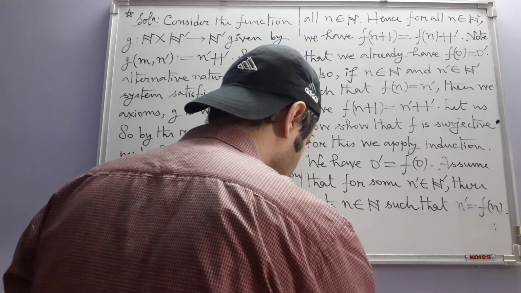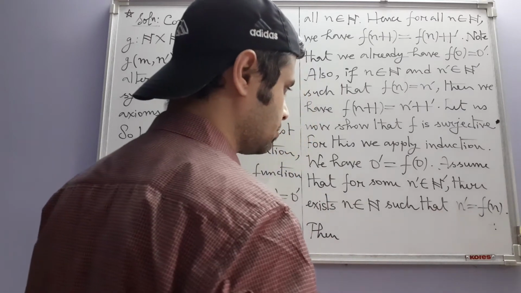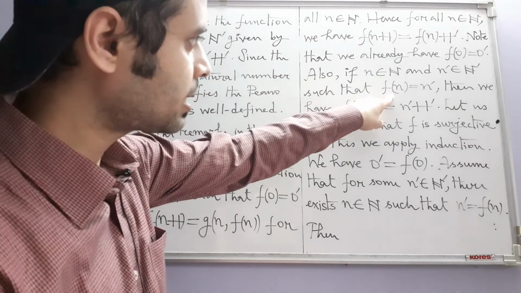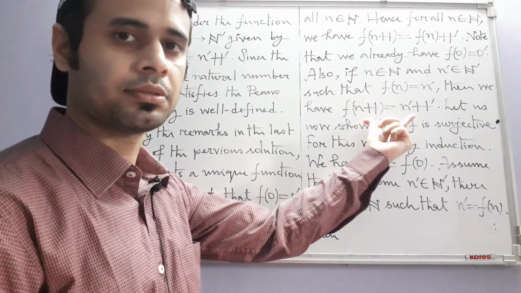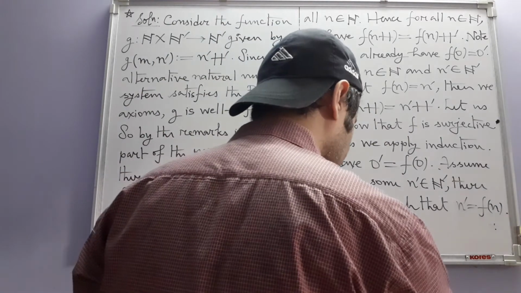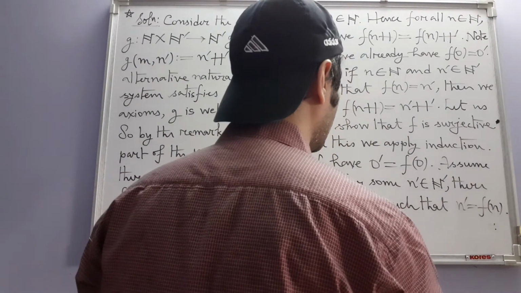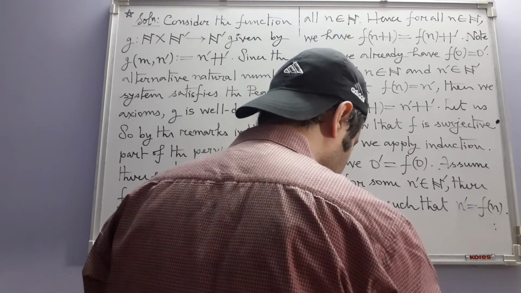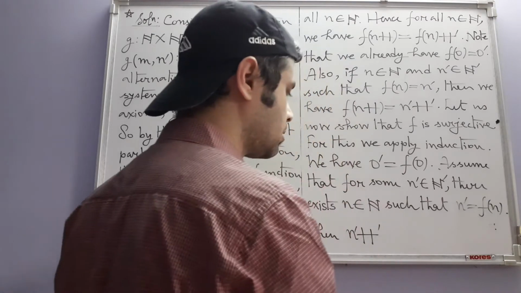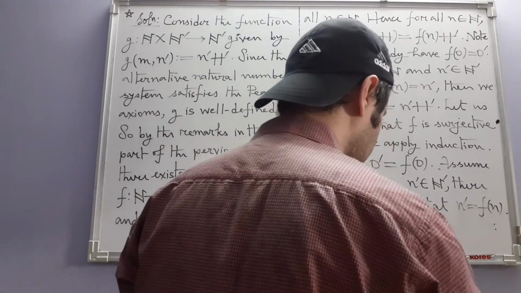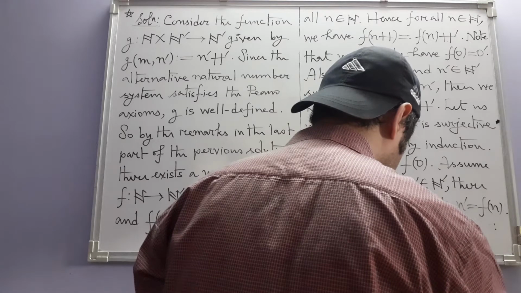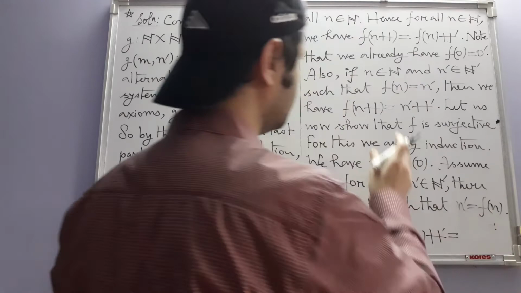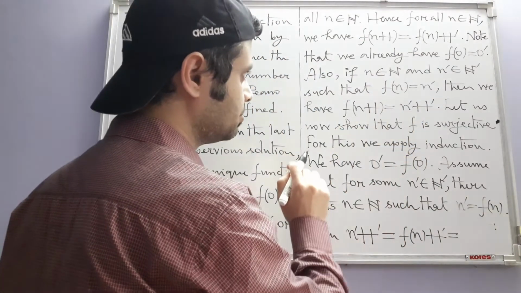Then, okay, then by what we have proved here, you see, if this happens, then this happens. Then n prime, the alternative successor of n prime is equal to this, which is equal to, from here, which we have already proved.